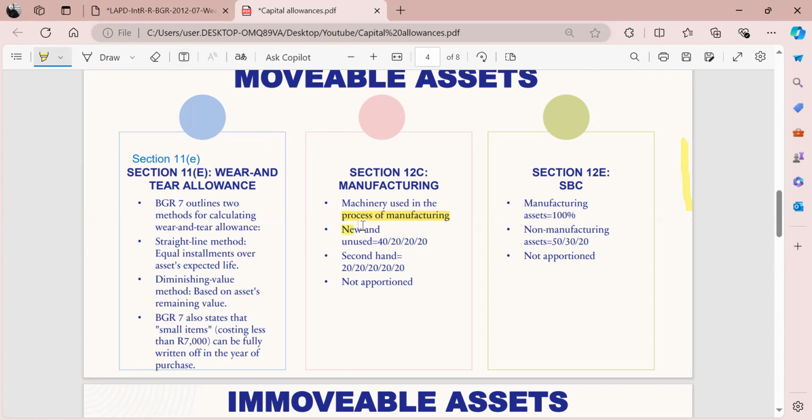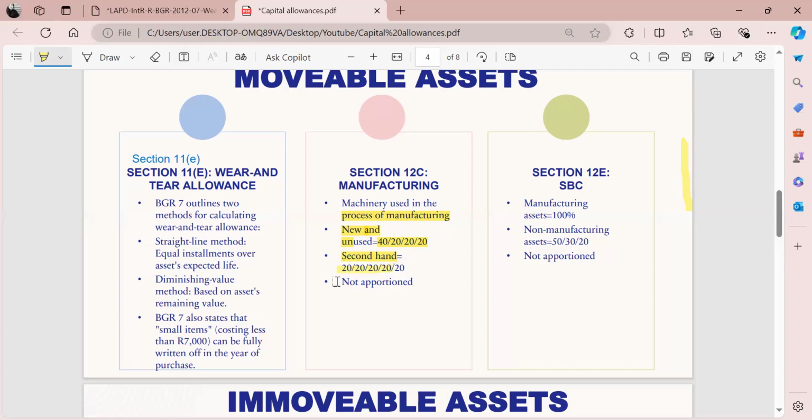Now, if the asset is new and unused, we will claim 40% in year 1, 20% in year 2, 20% in year 3, and another 20% in year 4. So the total must be 100, right? If the machine is a second-hand machine, we are going to claim 20% over a period of 5 years.